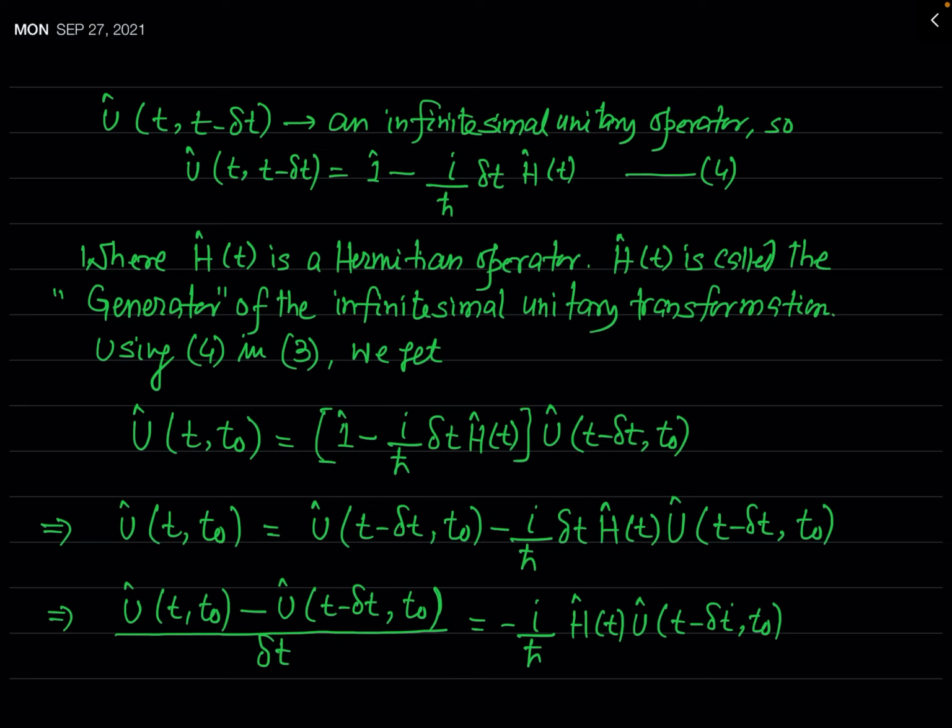Actually 1 hat is a unit operator. The symbol of hat on 1 represents that this is not merely a number, it is an operator. This is called a unit operator or identity operator.